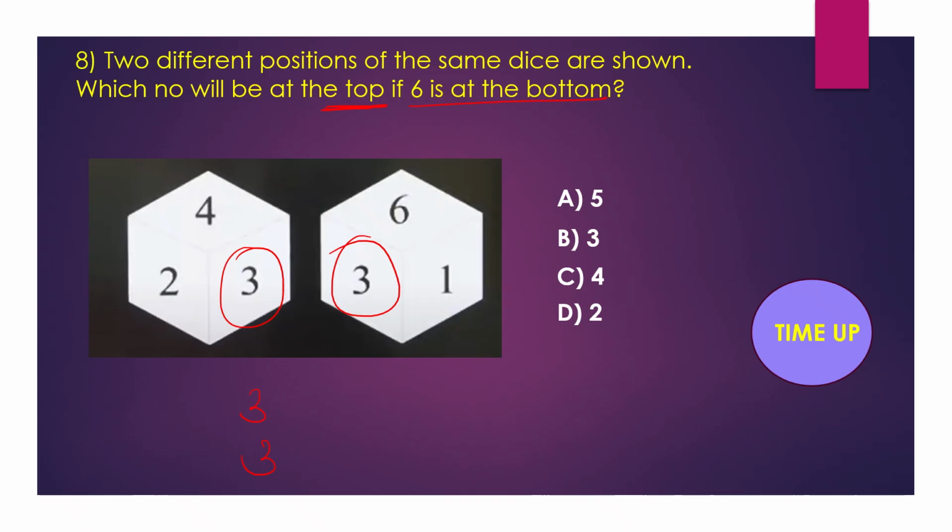In the first dice, when you go clockwise from 3, you'll get 2, then from 2, you'll get 4. In the second dice, from 3, when you go in clockwise direction, you get 6, then 2, 1. 6 and 1 you will write. So 6's opposite they have asked. What is the opposite of 6? 2. Correct? So 2 is the answer.